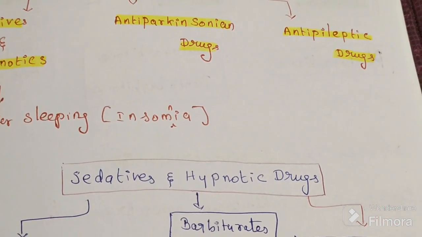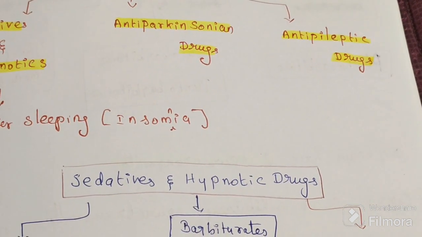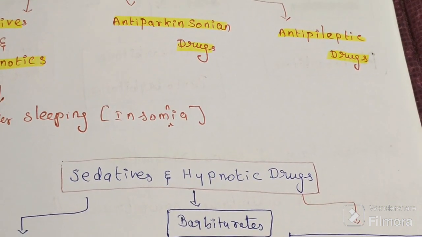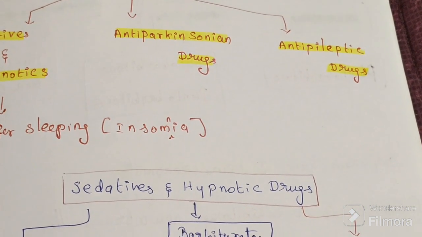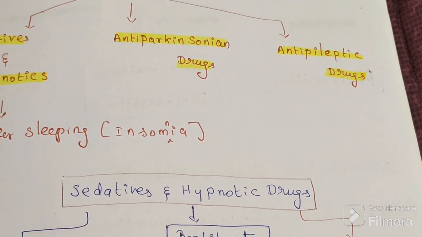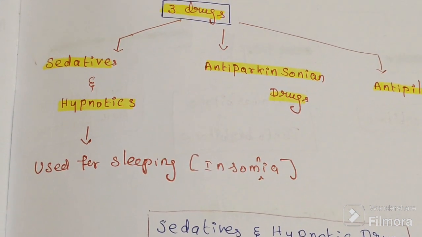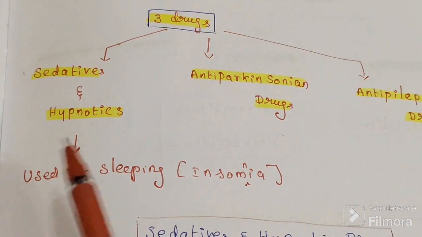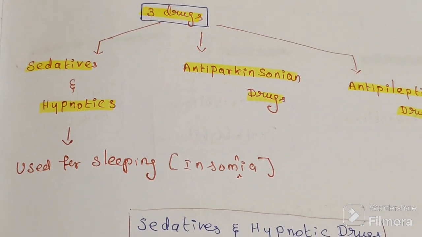They have a problem with induction of sleep, or whenever they sleep, their sleep is interrupted multiple times during the night. They do not have refreshing sleep. For them we use drugs called sedatives and hypnotics.